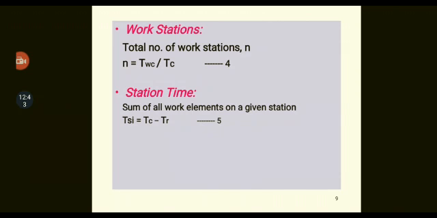Next terminology is station time, given by TSI, the sum of all work elements on a given station. TSI is equal to cycle time minus repositioning time, TC minus TR.